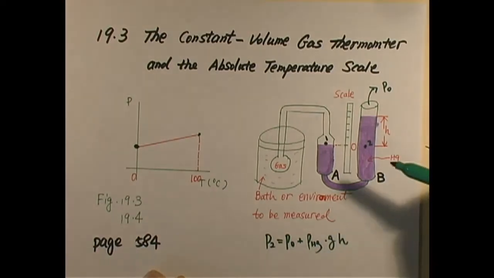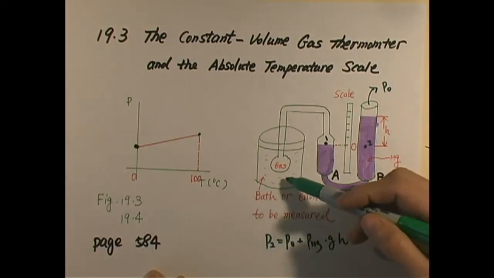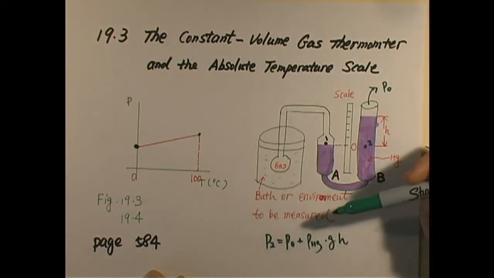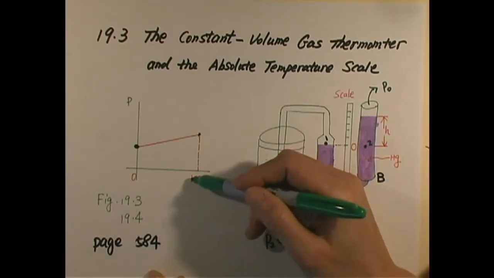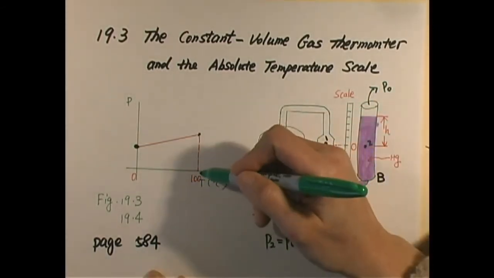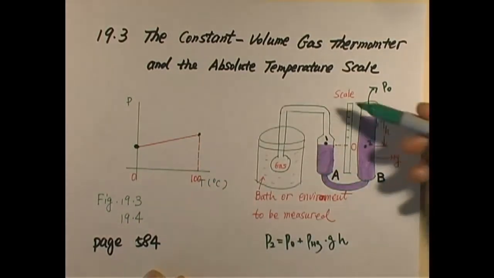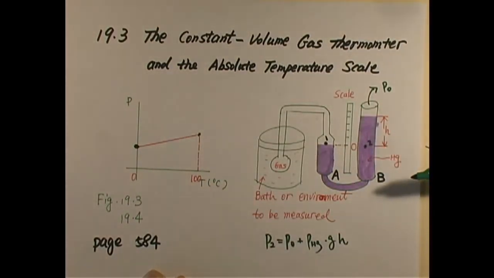And later, let's imagine we replace this bath by a steam and hot water mixture. That is the point we define as 100 degrees Celsius. So we define 100 degrees Celsius, and we use the same method to measure the pressure at point 2.